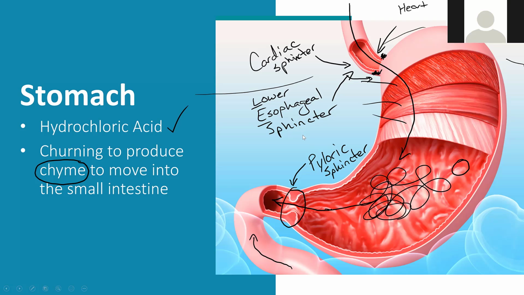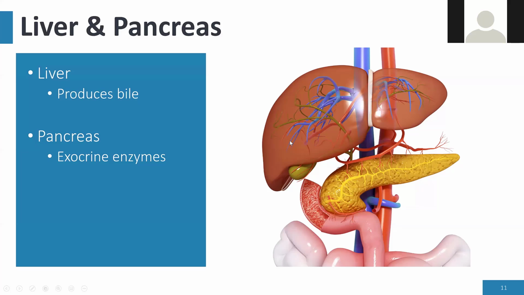So again, in this part that we're talking about right now, we're in the digestion and secretion. We have the hydrochloric acid that's secreted that helps to break down, digest, and chemically break down that food stuff. Other organs that come into play are the liver and the pancreas.